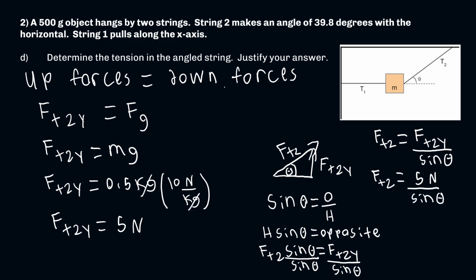Sine theta, my bad, sine 39.8 degrees. We just plug this into my calculator. Again, make sure I'm in degree mode. Do 5 divided by sine 39.8, and you're going to end up with Ft2 being just around 7.8. We'll have 7.81 because that's where it comes out on my calculator. And that's going to be my answer.